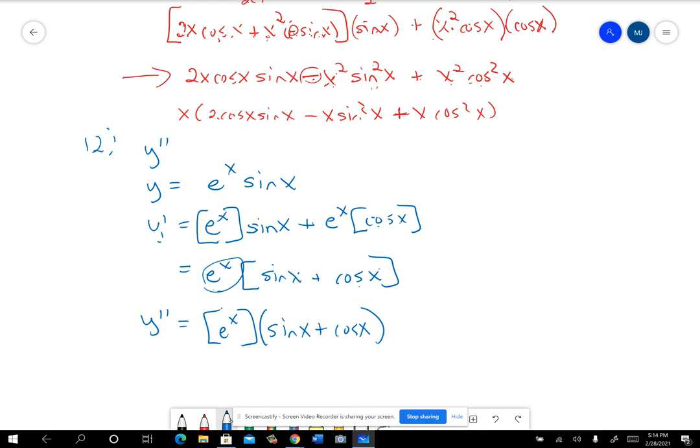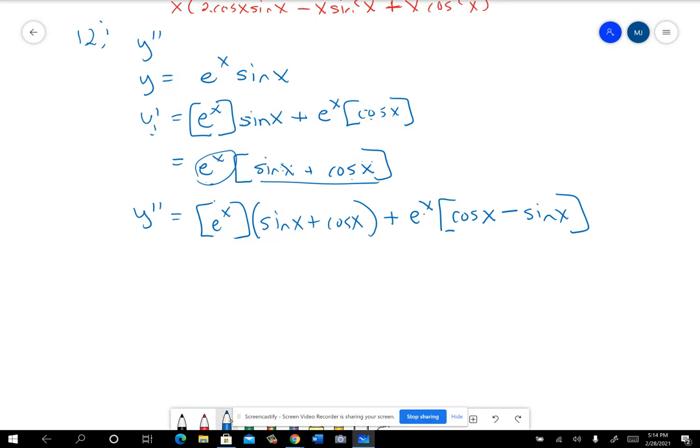Then I'm going to take the first function as is and do the derivative of the second one, and it has two functions added, so I can do the derivative of each piece. So the derivative of sine is cosine, and the derivative of cosine is negative sine. Okay, so I get to there.